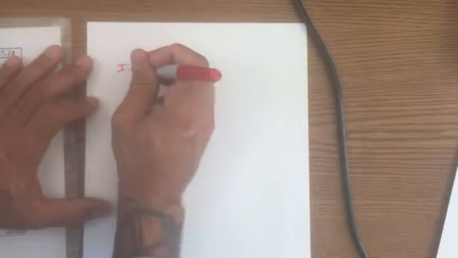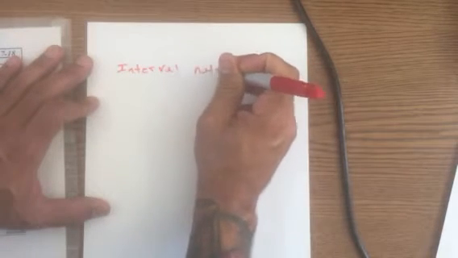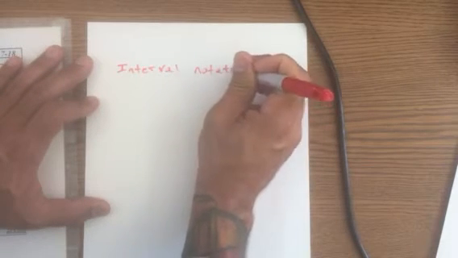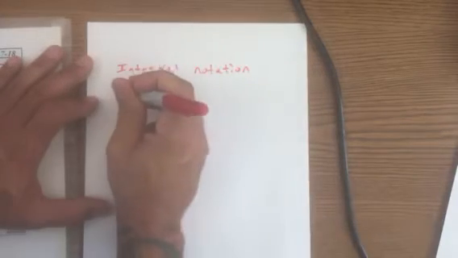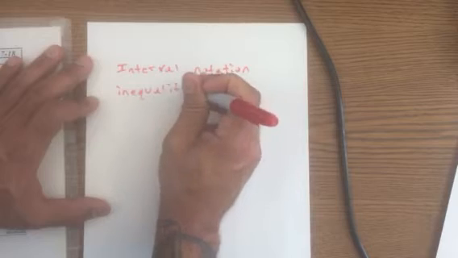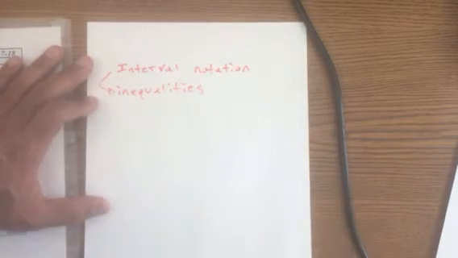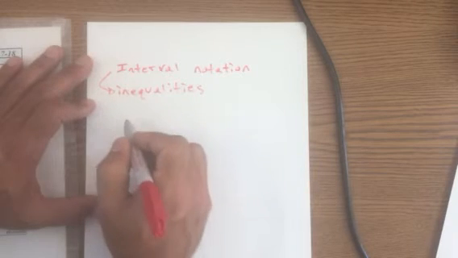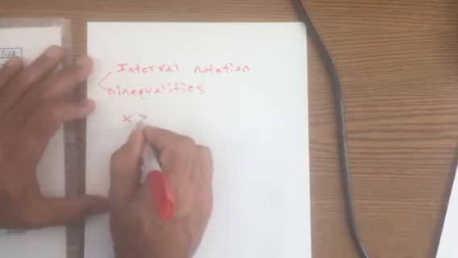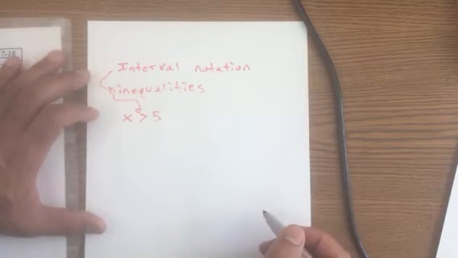So interval notation, what I'm going to use it for is when I have inequalities. So I use this for inequalities, which they both start with an I, so that kind of helps me remember it. But what I'm doing is, if I have something like x is greater than 5, that's an inequality, so I want to use interval notation.